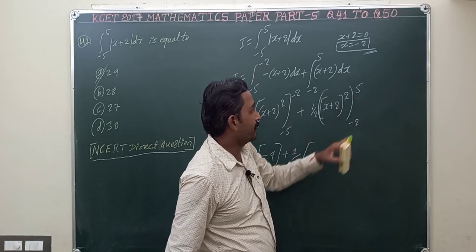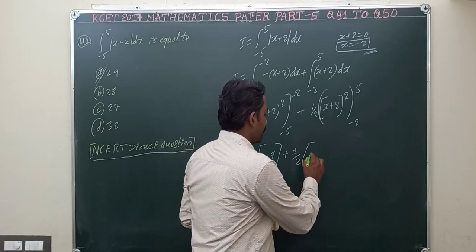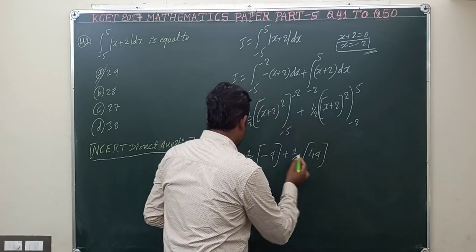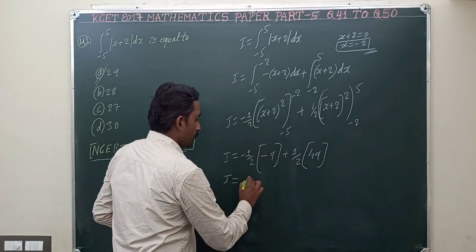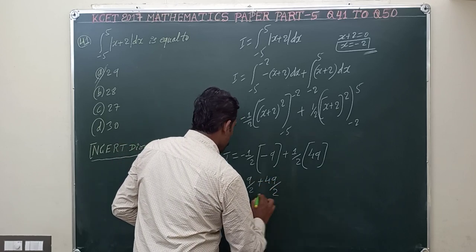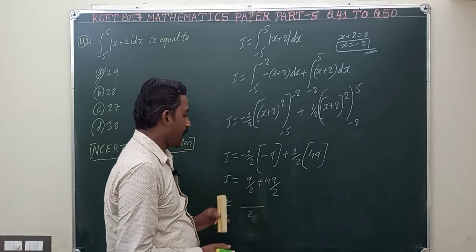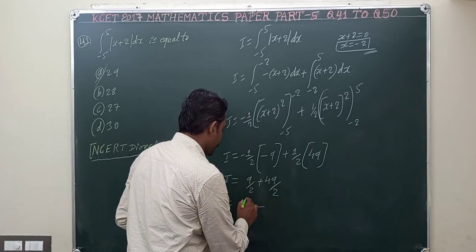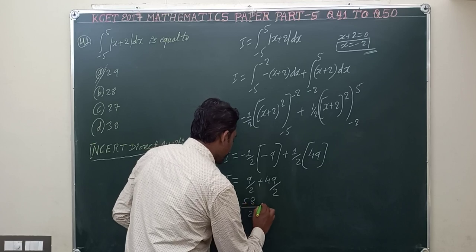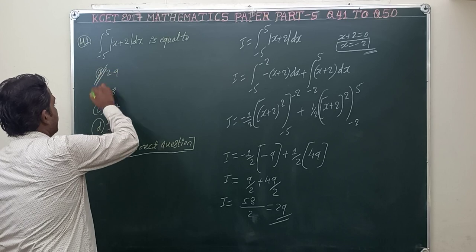So apply only the upper limit, 5 plus 2, that is 7 square, 49. I is equal to 9 by 2 plus 49 by 2. The denominator is the same, add the numerators, 49 plus 9 is 58, divided by 2 is 29, the correct answer. Option A is correct.